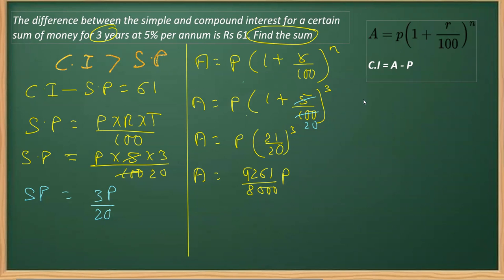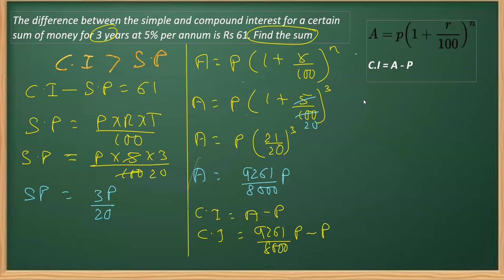Once we got the amount, we have to find the compound interest. And for that, we have this formula: CI is equal to A minus P. So CI is equal to A, which is 9261 over 8000 times P, minus P. Now, if I calculate this further, we'll have to take their LCM.